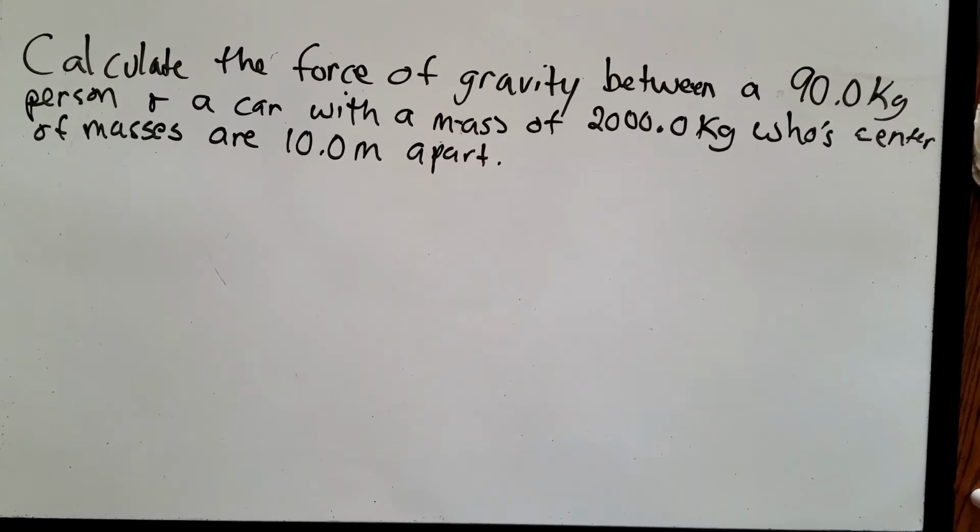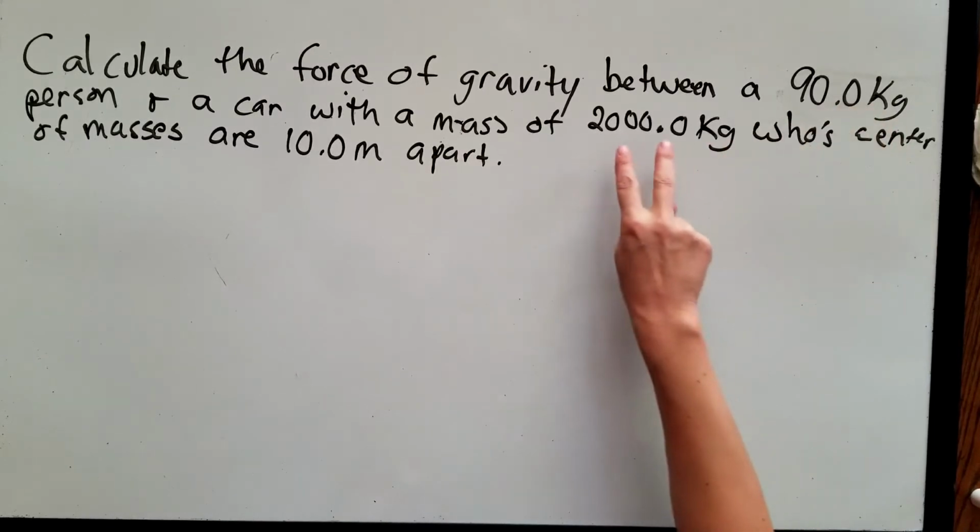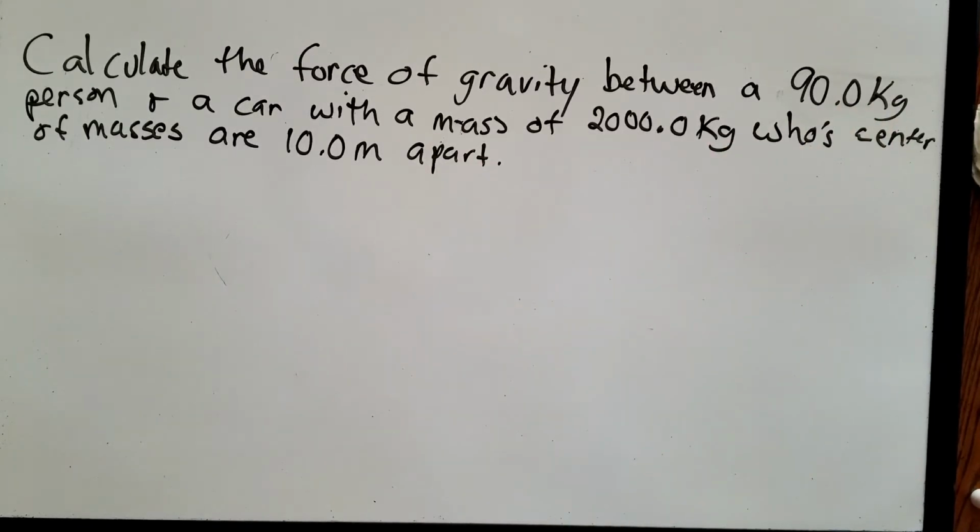So these are going to be some pretty small forces. The last two problems we looked at were 2,000 newtons of force and 2 million newtons of force, so we're going to be looking at much smaller numbers here. I did change these numbers slightly to give them more significant figures, because I noticed there's only one. So I just added a decimal point with a 0 to increase the sig fig numbers.